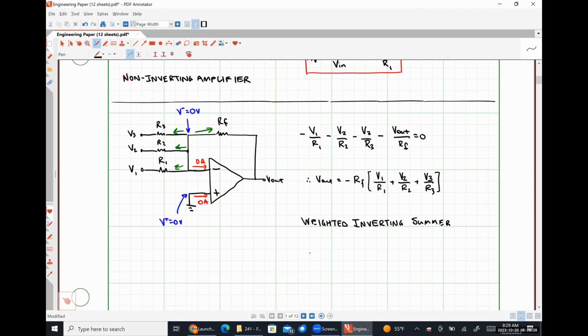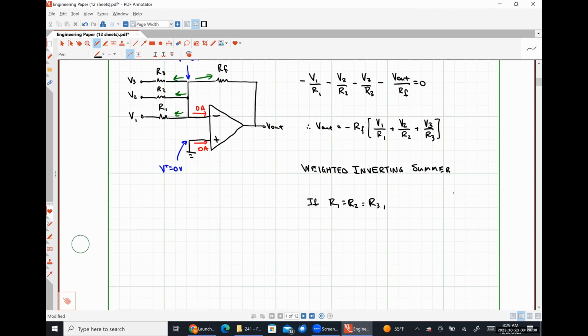Now, what if R1, R2, and R3 all had the exact same value? So if R1 is equal to R2 is equal to R3, our output voltage relationship, V out, would be negative RF over R1 times V1 plus V2 plus V3.